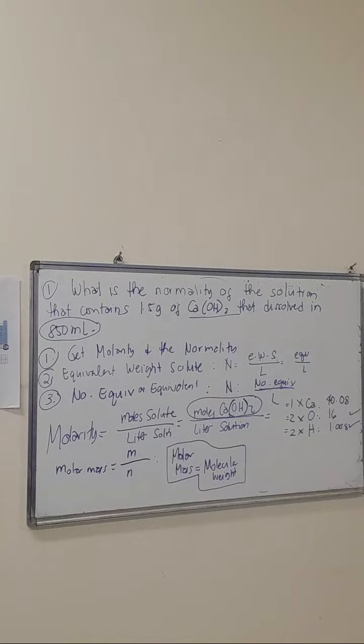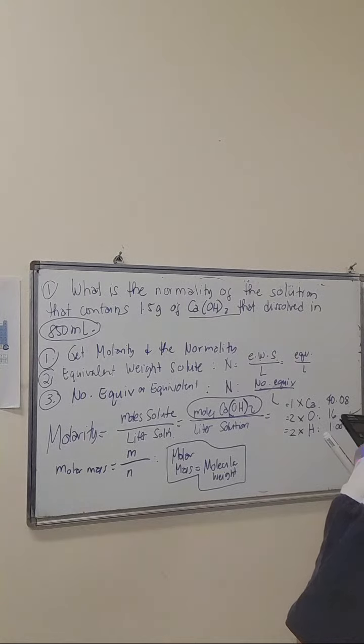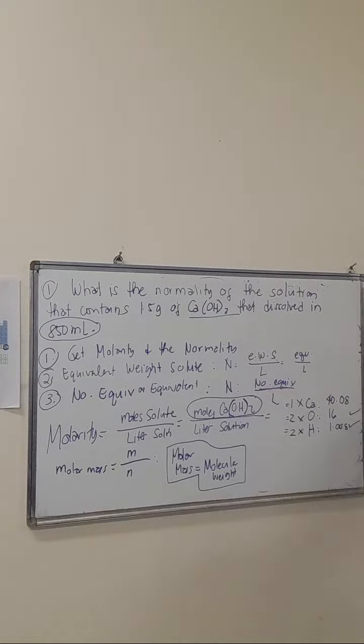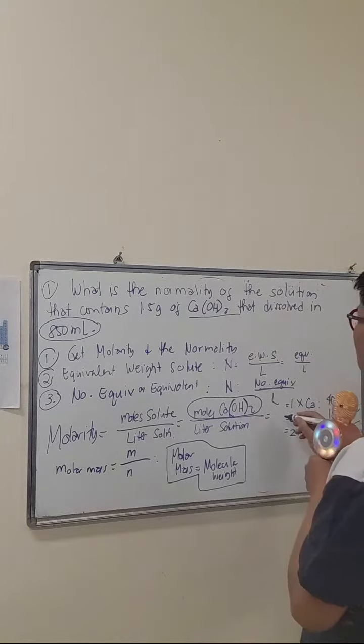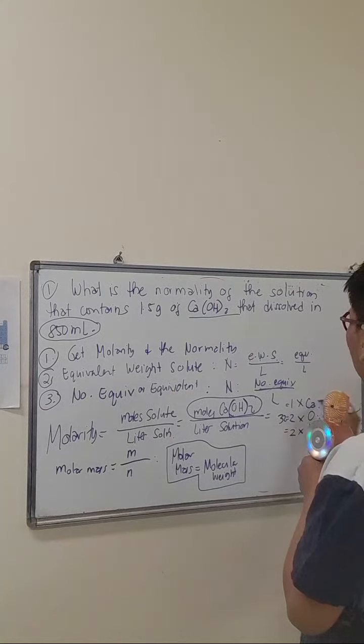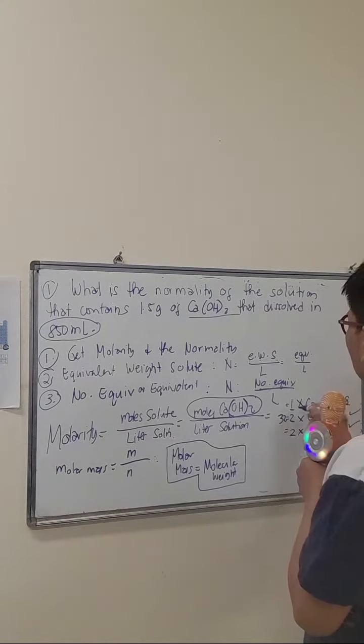Molecular weight, molar mass. So 2 times 16, my dear, is 32. Then this one is still 40.08 because this is 1.